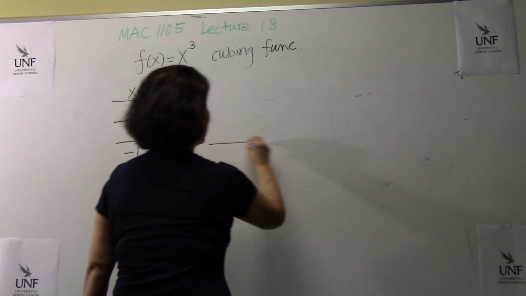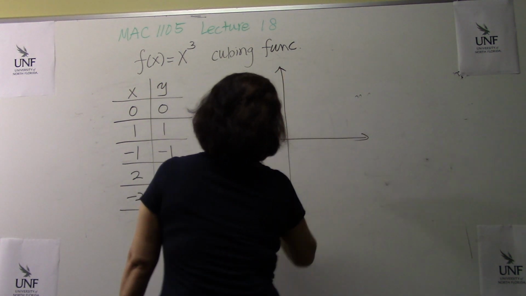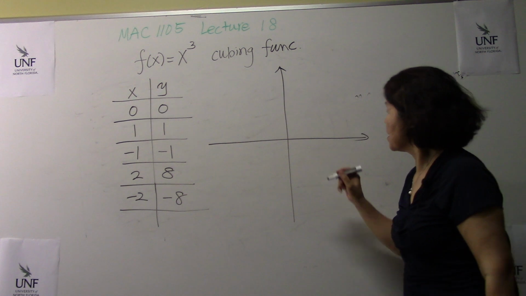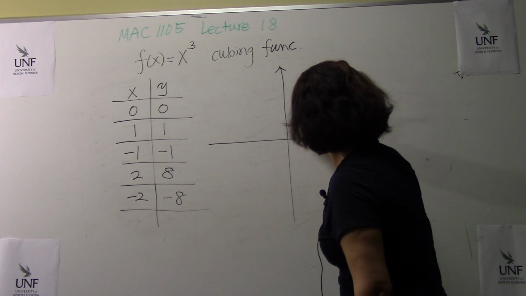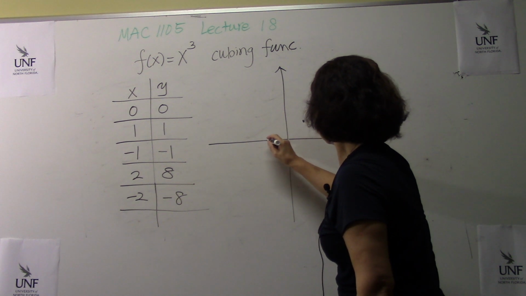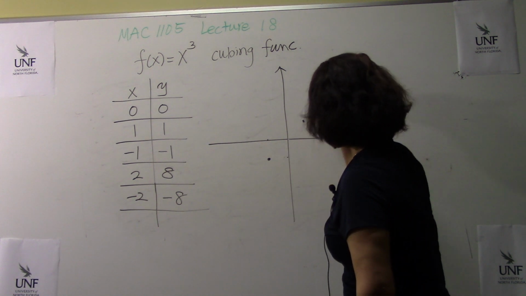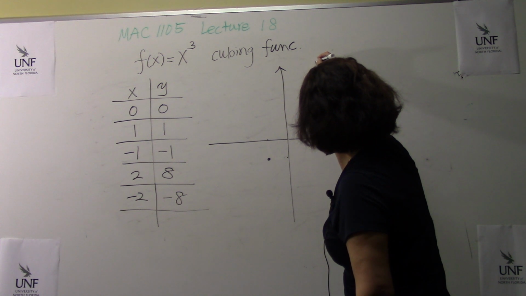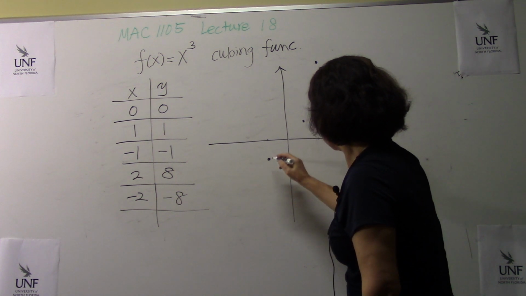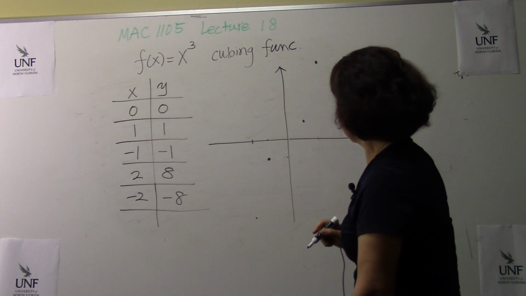Okay, so in terms of graph, over here is 0, 0, 1, 1, negative 1, negative 1 over here, and 2, 8 going all the way up here, and here is negative 8 all the way down here.